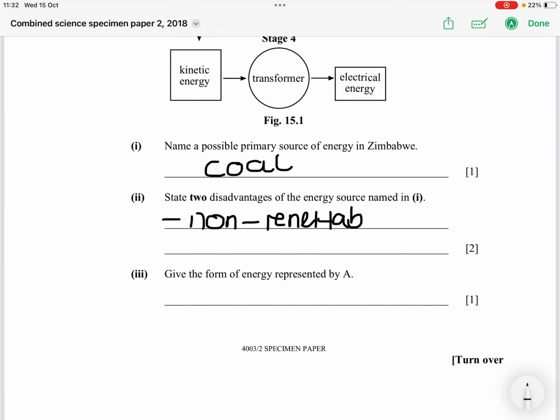This is a non-renewable source of energy.